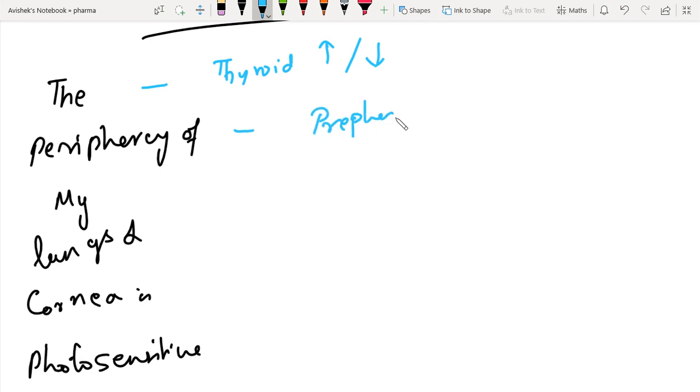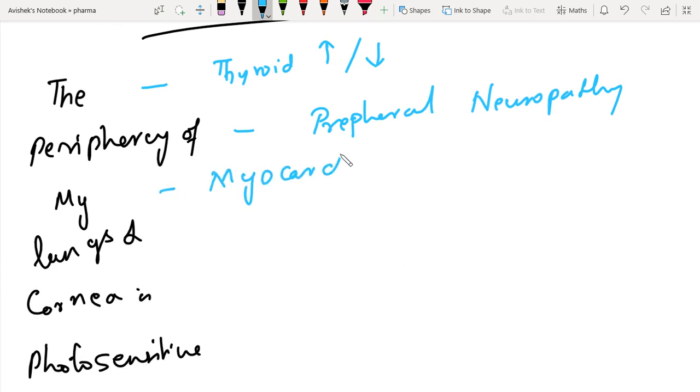They can cause peripheral neuropathy. They can cause myocardial depression.